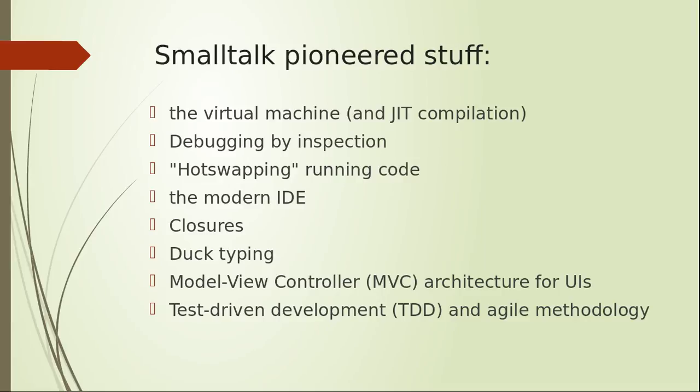It was the first language to have an IDE, closures, and duck typing. It used the model-view-controller architecture, and it had test-driven development and agile methodology. So these were things that Smalltalk originally started in the 70s or 80s.